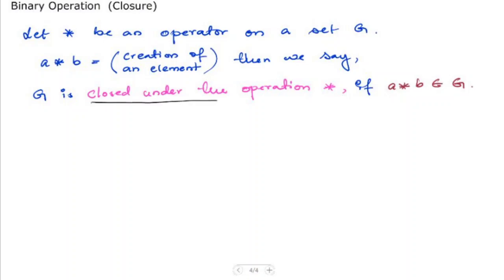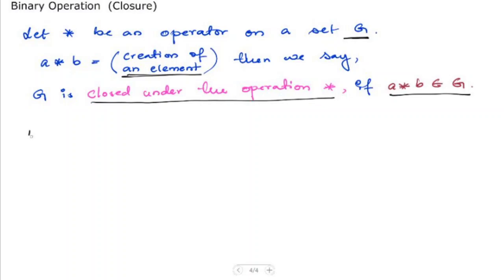So if you do an operation on elements that are from G, then the answer, the element that you get as an answer, should also be an element of G. That's called the closure property. Let's do an example that will make it more clear for you.